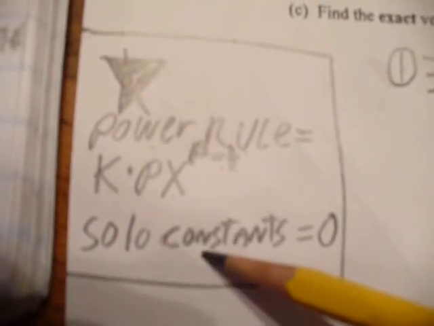So essentially, you take the power of x minus 1, and times that by what the power originally was, and if there is a constant you leave it. But solo constants by themselves without a variable, for instance if it was just 5, that would equal 0 in the first derivative sense.